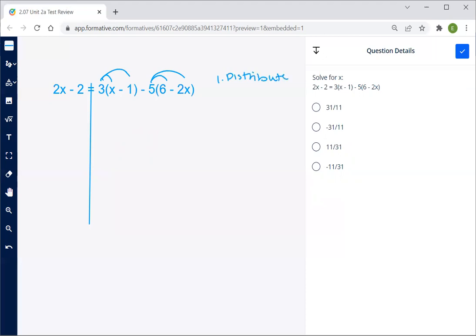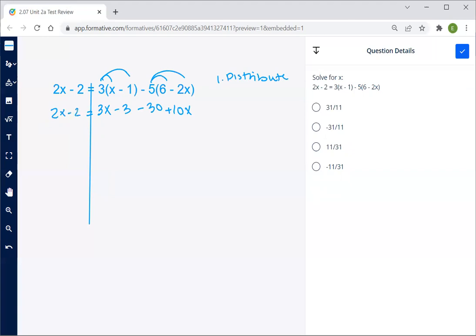So 3 times x is 3x. 3 times -1 would be -3. And then we have -5 times 6, so that's -30. -5 times -2 is a positive 10x.